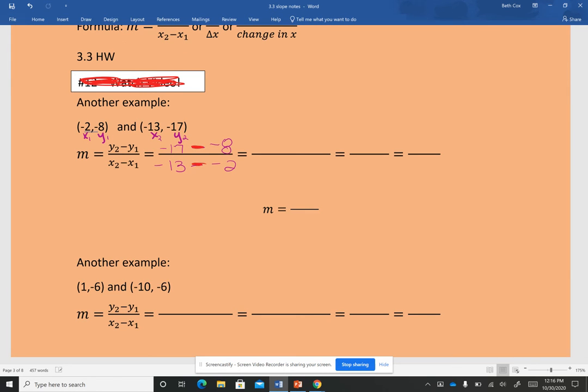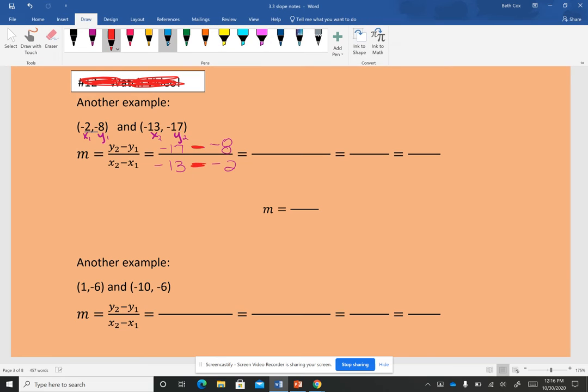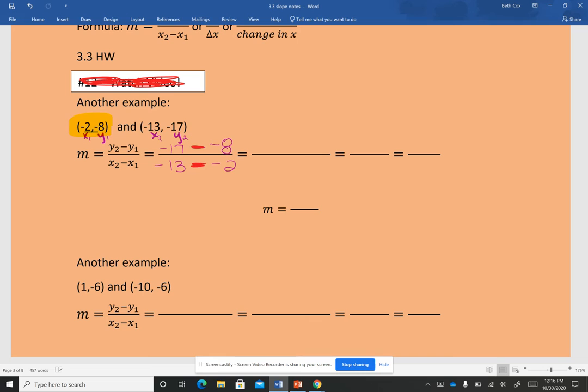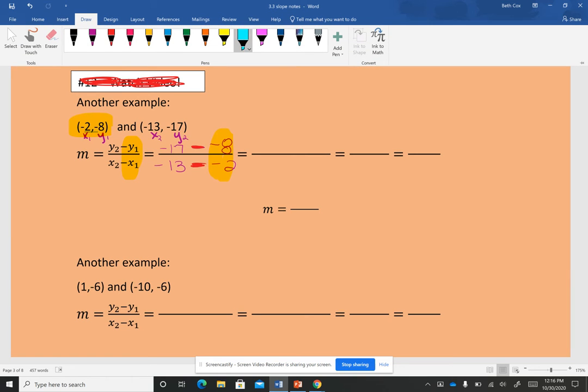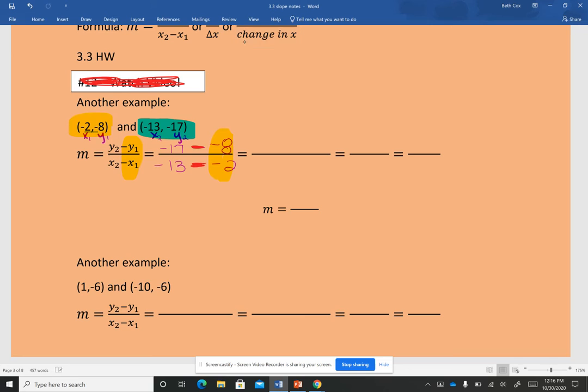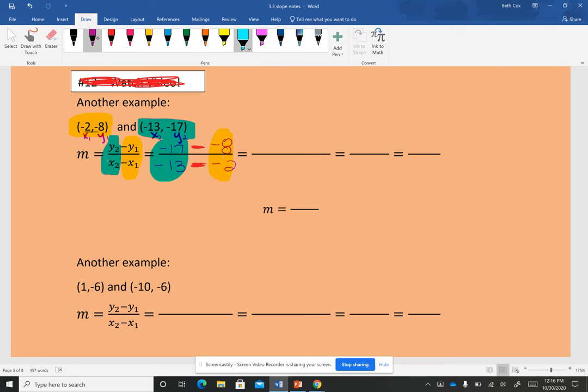I also want you to notice that this point is here. See, there's that point. And the other point, this point, is here. And order matters. Order matters.